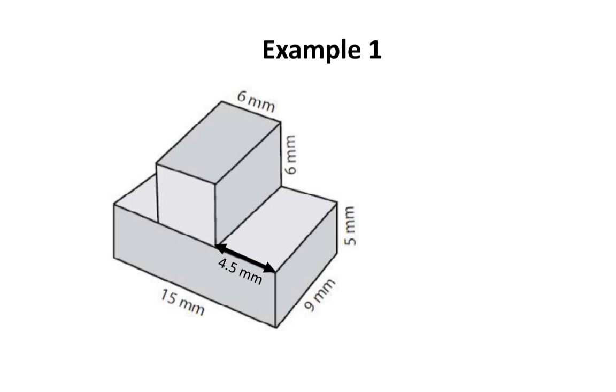I want to focus on this face next. This face is a rectangle. I have the length of one side, but I don't have the length of the other side. Well, if this is 9 millimeters, that would mean this also has to be 9 millimeters. We know the equation for area of a rectangle is length times width.